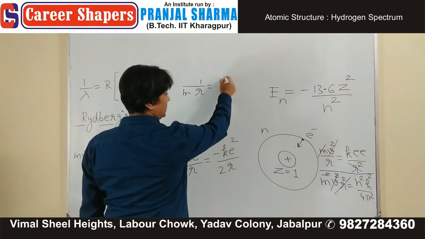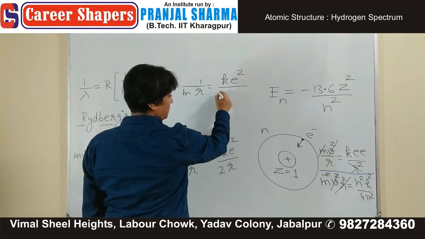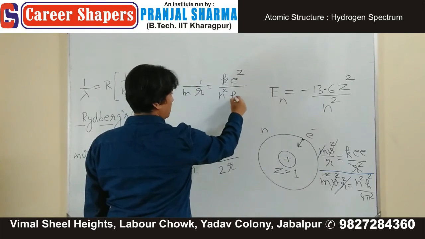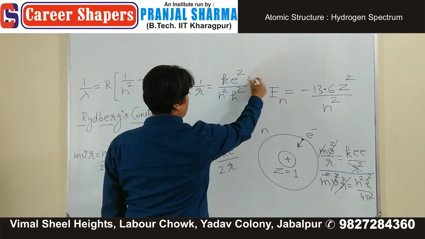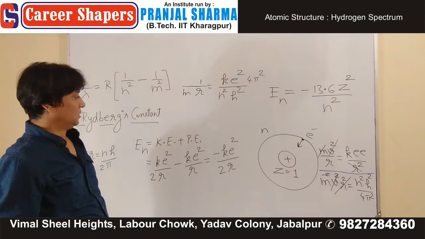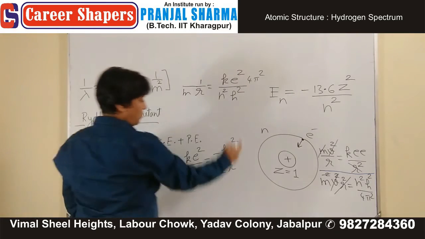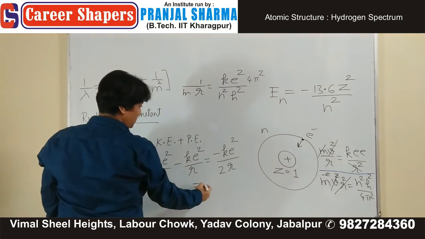Right there, it's ke²/(n²h²/4π²). So the value of 1 upon r is now available to us.